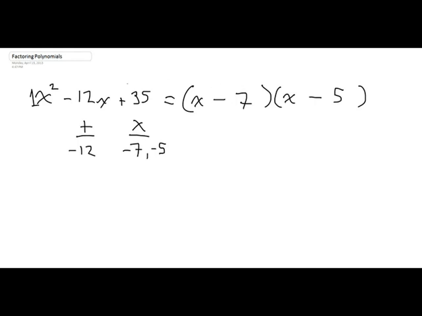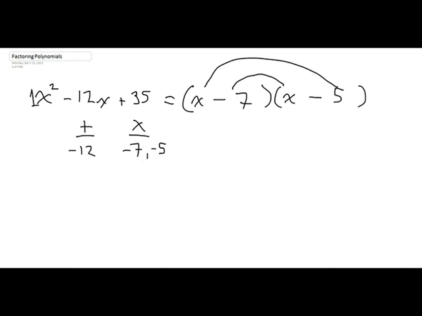To get this last term, it's negative 7 times negative 5, which gives us our positive 35. Where does this negative 12 term come from? Well, this is when negative 7 multiplies x, and when negative 5 multiplies this x. So your inner and your outer give you your negative 12.